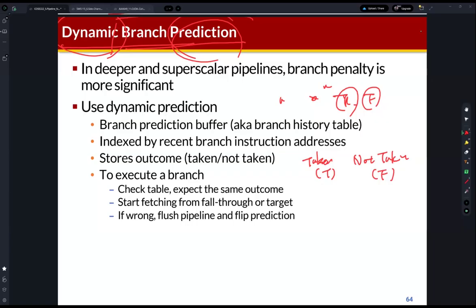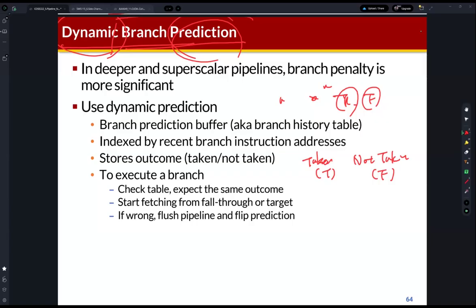If we can predict the result of a branch instruction, before the branch is determined, a processor can predict the result of branch instructions, right? So what is the benefit?